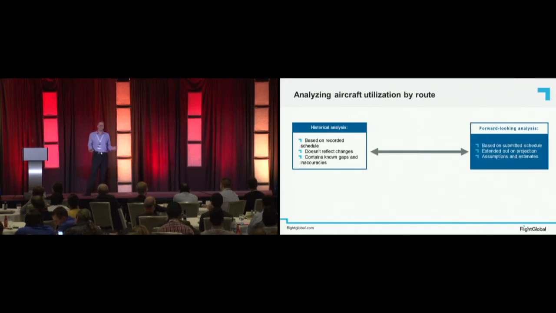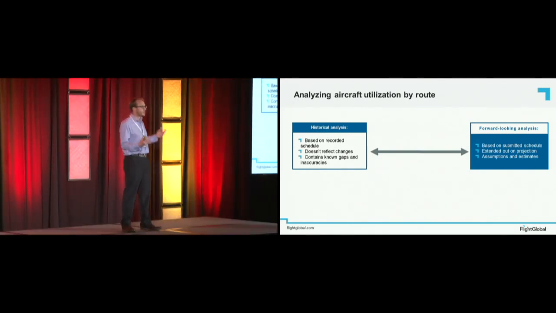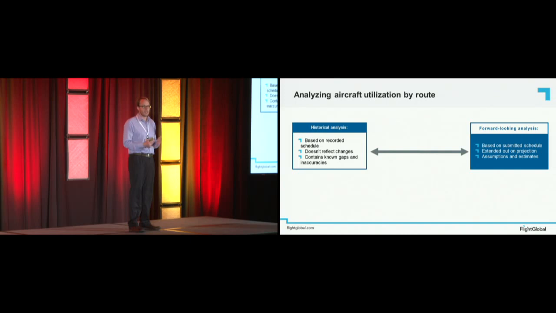So the problem currently is that any analysis, even if you're going historically or you're trying to project out going forward and anticipate what's going on, is based on the schedule plus any assumptions or estimates that you're including. The schedule is, unfortunately, what the airlines say they're going to fly. Now, we all know that sometimes that doesn't happen.